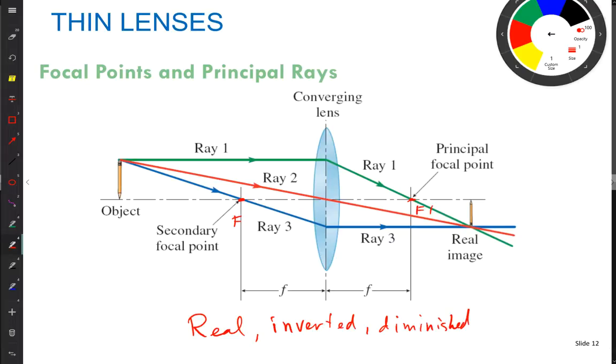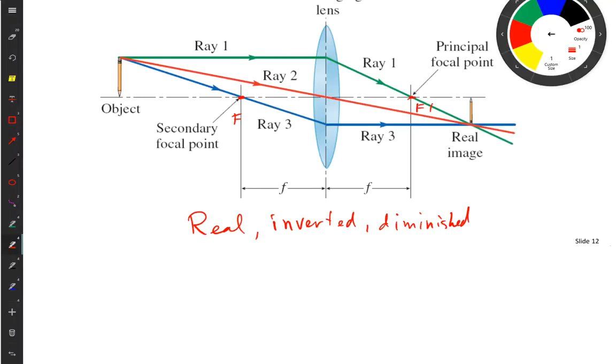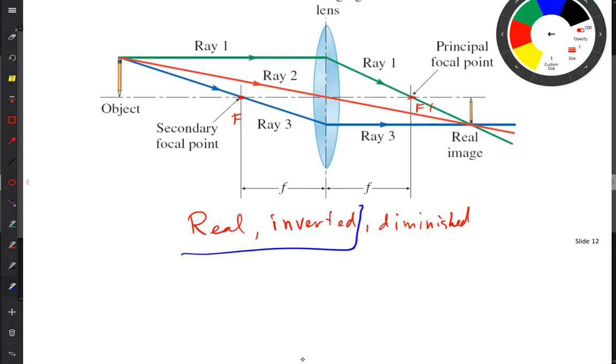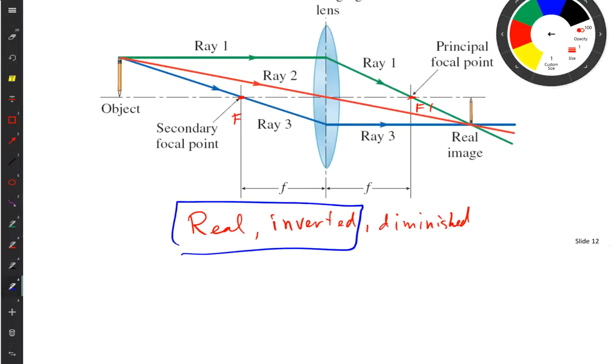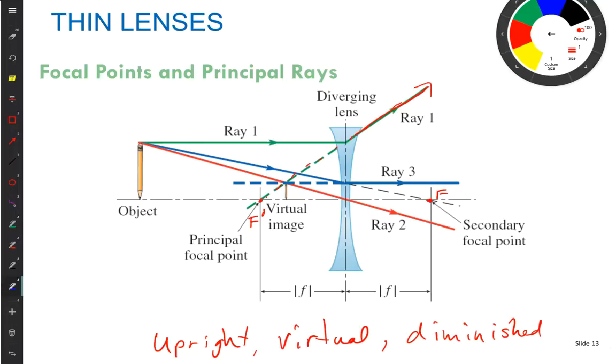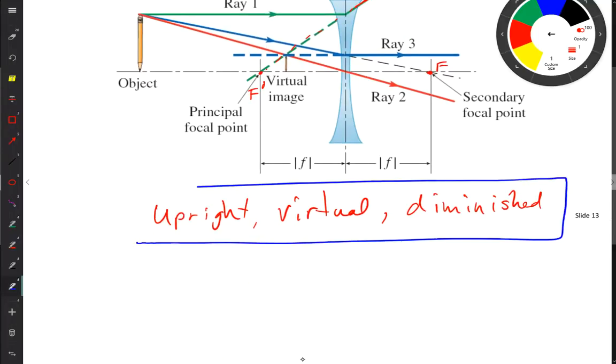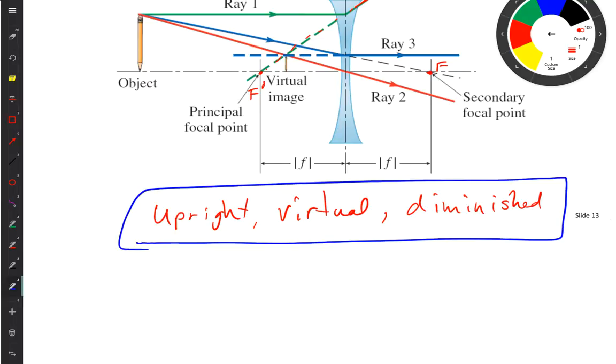Now here's some simple rules just in case you make a mistake somewhere. If you have a single lens or a single mirror, these two always come as a pair. If it's real, it's going to be inverted. And whoops. These three always come as a group. If it's upright, it's going to be virtual and diminished.